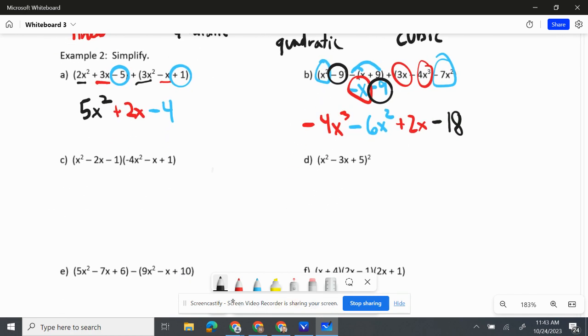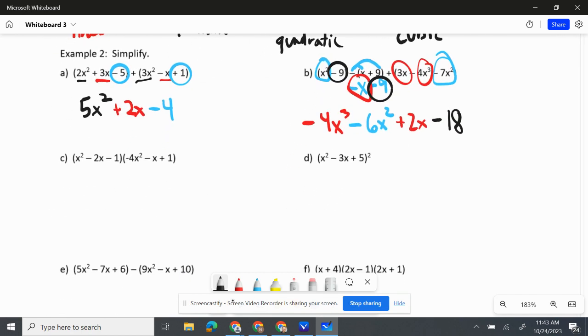Now for the next one, this right here is multiplication. And we know it's multiplication because there's no sign in between. So we're going to be using FOIL. We're going to multiply the first term by each of the terms. And so that gives us negative 4x to the fourth. Then I have negative x to the third. Then I have positive x squared.